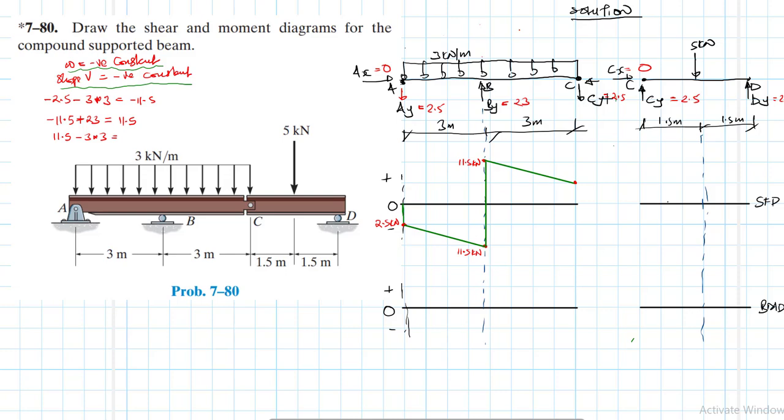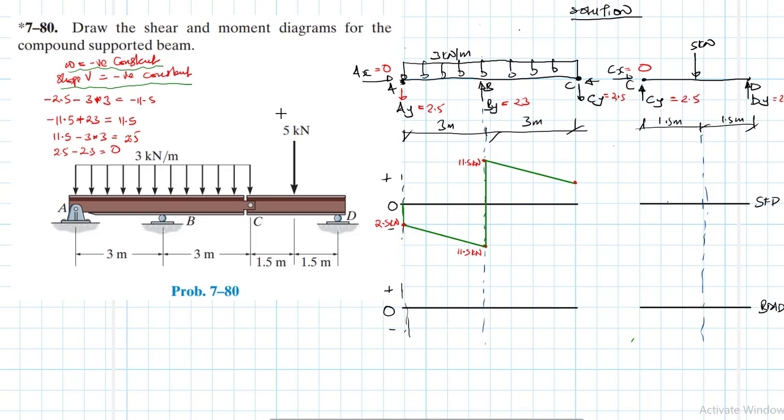Then finally we have a shear, which is going to further reduce this. So this value here is 2.5. We still have Cy, which is negative. So if we do an algebraic addition, 2.5 minus 2.5 is equal to 0.